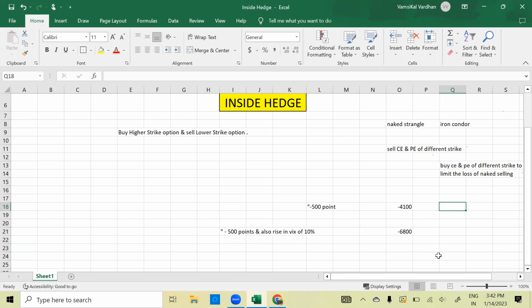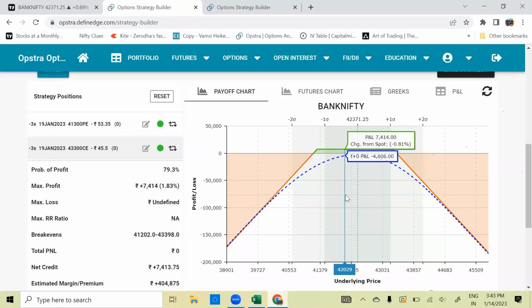Please understand my break even for this naked strangle trade is 1,000 points away on each side because I am selling 1,000 points away. But still, if the market moves just 500 points, like 50% of my range, I am losing around 4,000 rupees. That's just in the option.